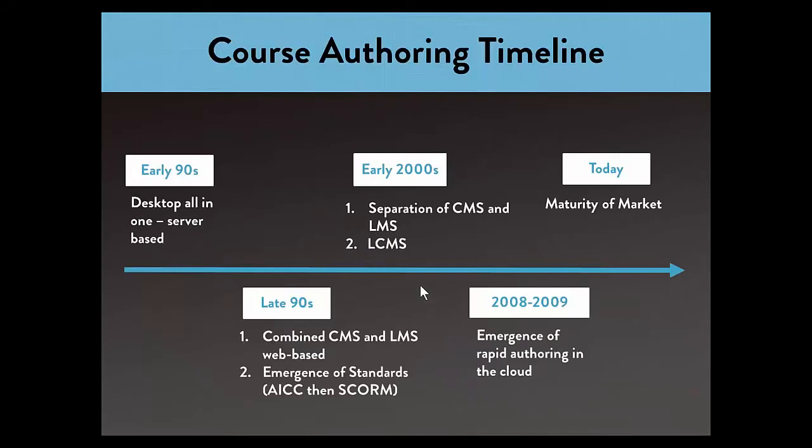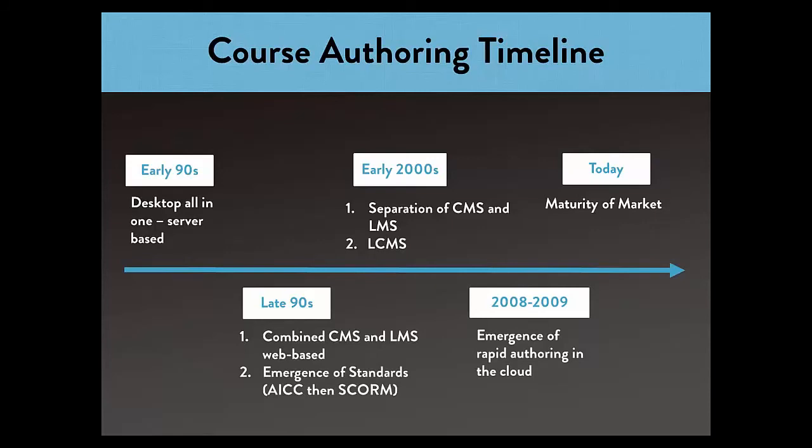Paul and I are going to cover a history of course authoring in the cloud. I'm going to start out, Paul. I know you want to get in on this, but I do want to say that we saw products from Macromedia.